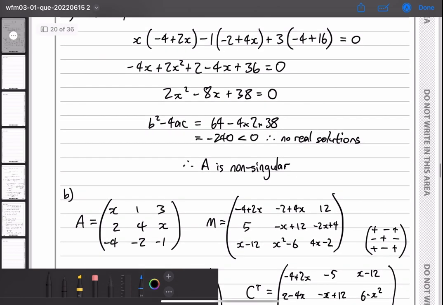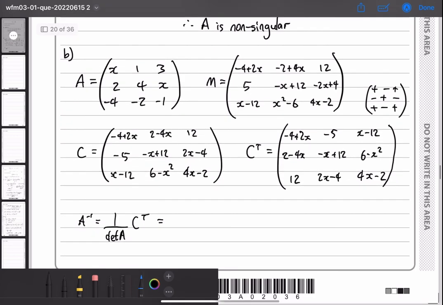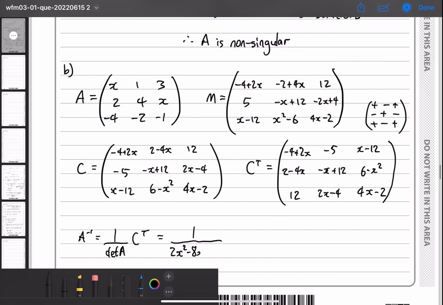So we've got the determinant from before. It's a strange thing, it's a quadratic. So we've got 1 over 2x squared minus 8x plus 38 times C transpose: minus 4 plus 2x, minus 5, x minus 12, 2 minus 4x, minus x plus 12, 6 minus x squared, 12, 2x minus 4, and 4x minus 2.